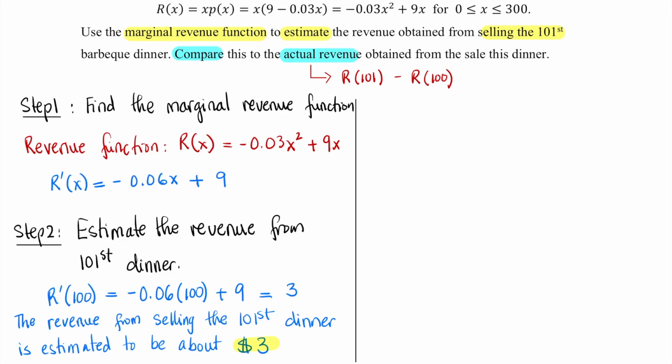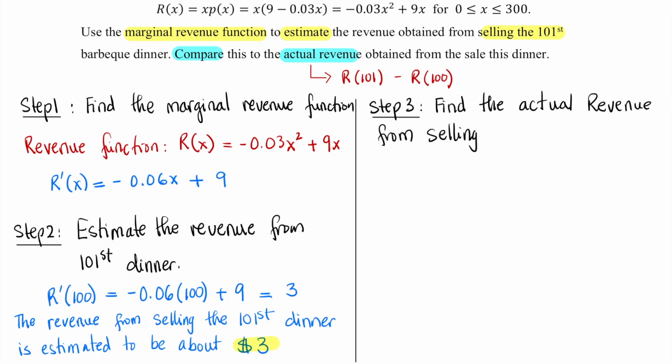Next, we are going to find the actual revenue from selling the 101st dinner. The actual revenue from selling the 101st dinner is R of 101 minus R of 100. Let's compute each value.